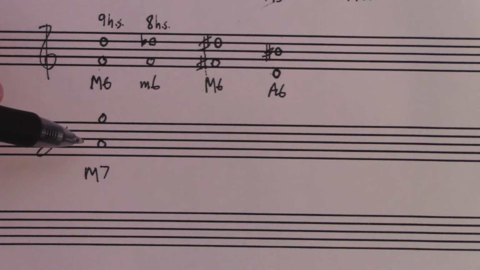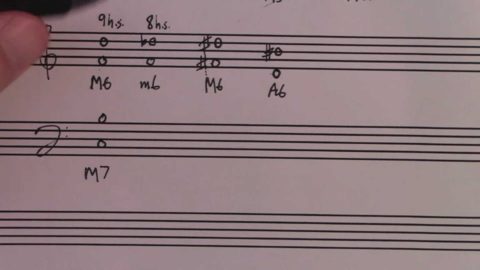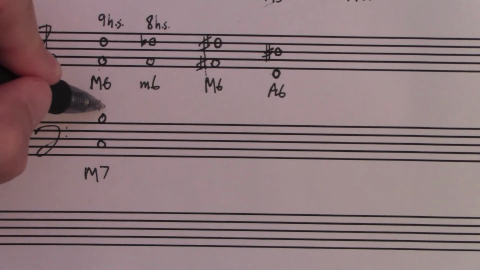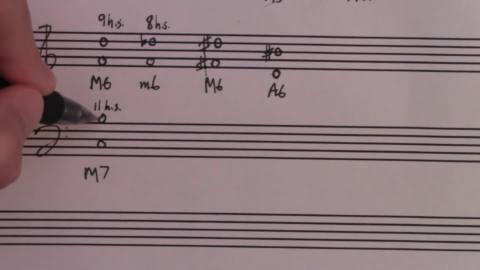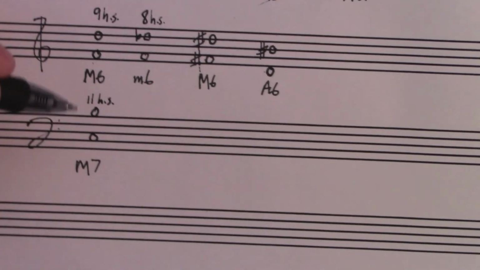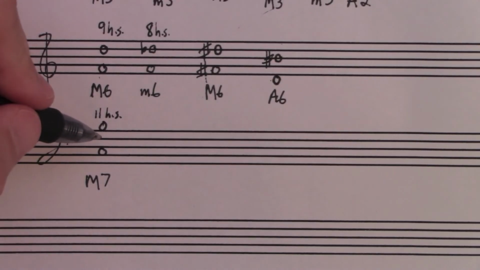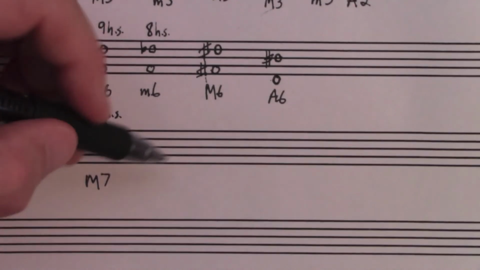So how many half steps is that? C, 1, 2, 3, 4, 5, 6, 7, 8, 9, 10, 11 half steps. Because if we had 12 half steps, where would we be? Yeah, we'd be at C again. So one less than an octave is a major 7th.